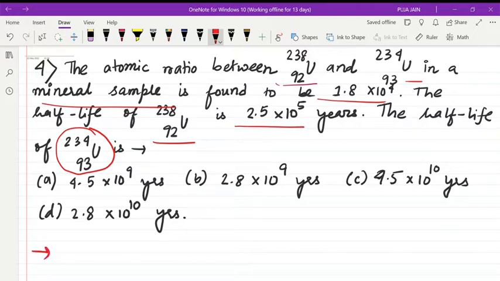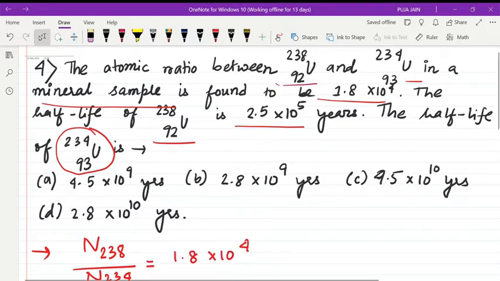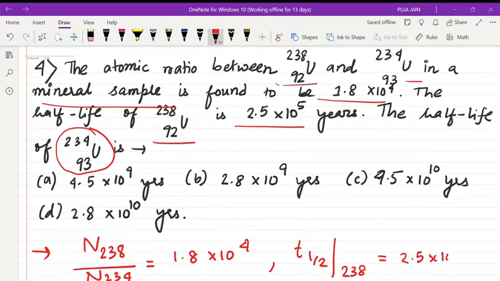See what info is given here. They have given us the half-life of uranium-238 and the atomic ratio between uranium-238 and uranium-234. That means N238 by N234 is given as 1.8 into 10 to the power 4, and T half of uranium-238 is given as 2.5 into 10 to the power 5.